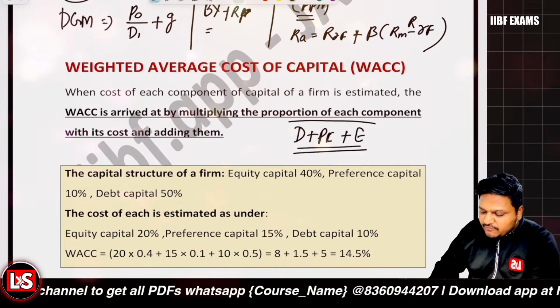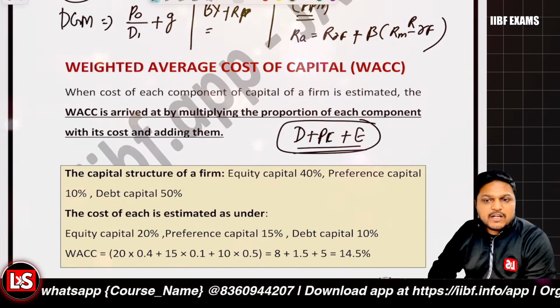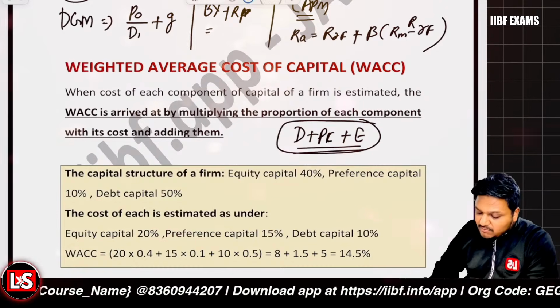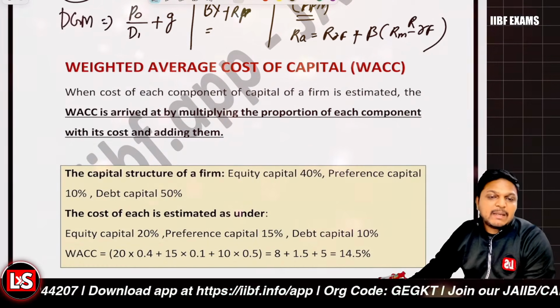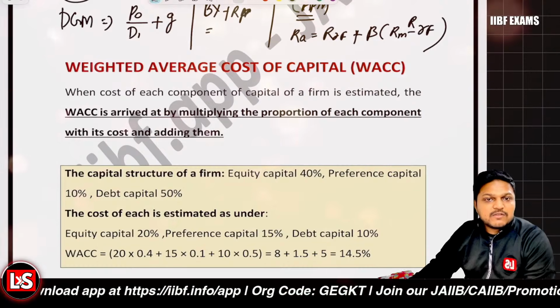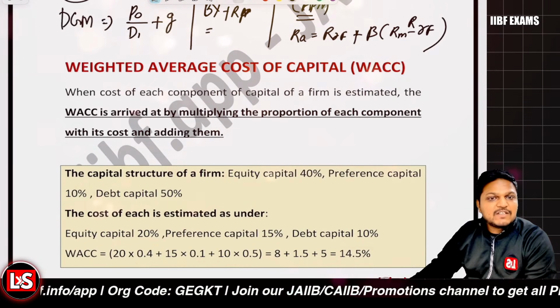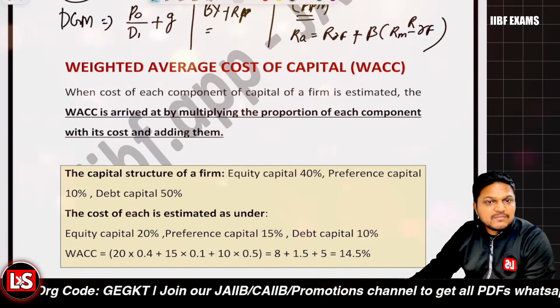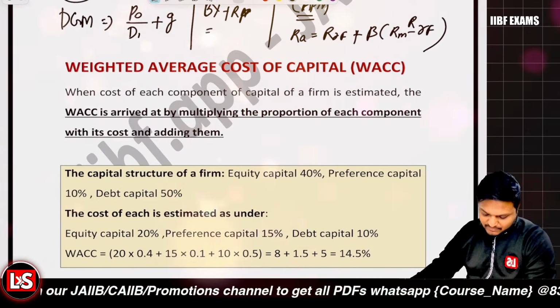Now we have to calculate the weighted average cost of all the funds. So it represents the minimum required rate of return that the company must earn so as to satisfy the providers of the capital. Clear? So this is the weighted average cost of capital.